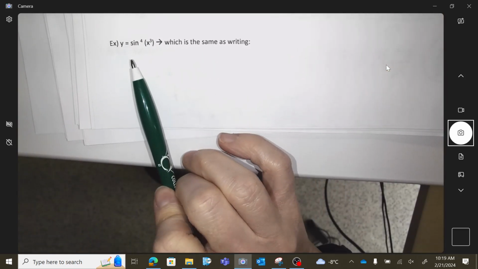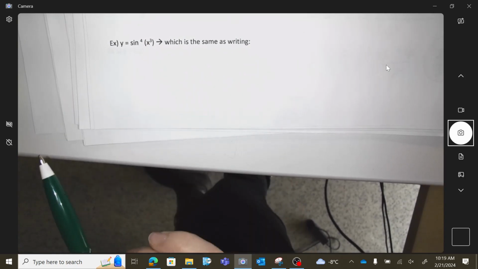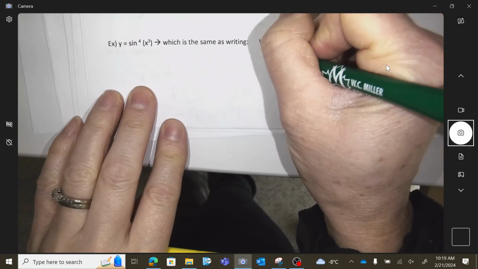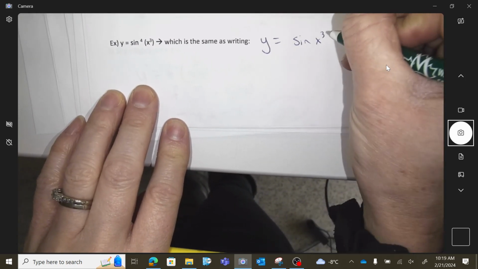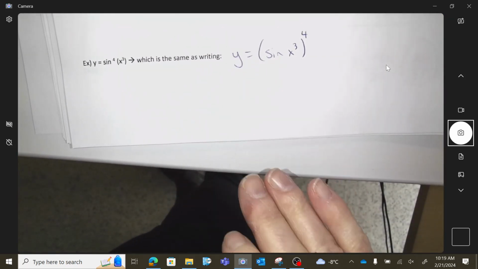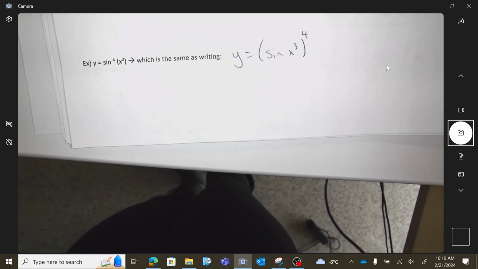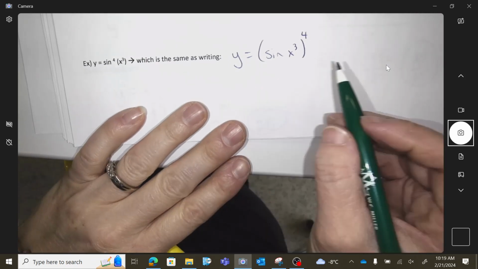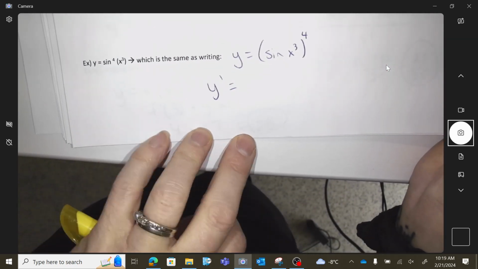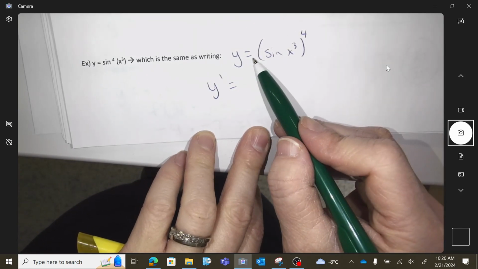Okay, so be careful when you're looking at this. Do remember what this means. When you have sine to the 4th like that, it'd be me doing sine x cubed to the 4th, right? I personally, on these, write it like that. So if we derive it, you would go front times top.